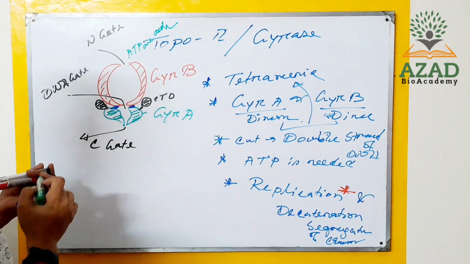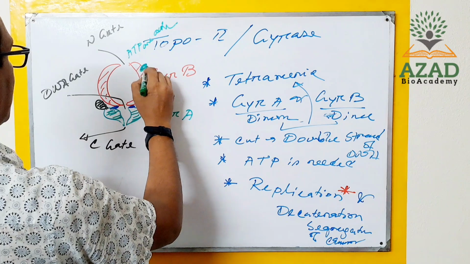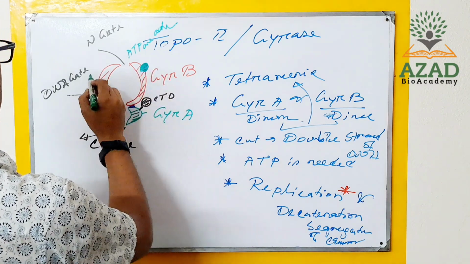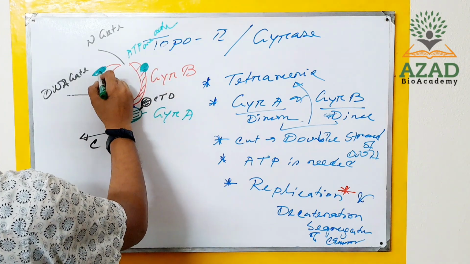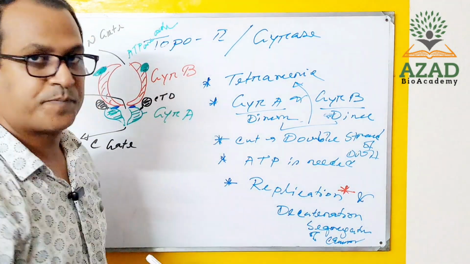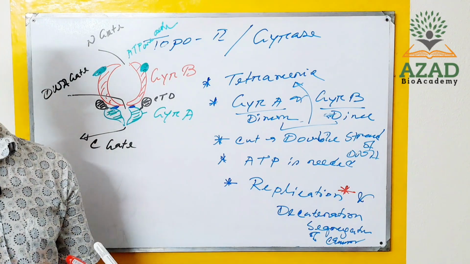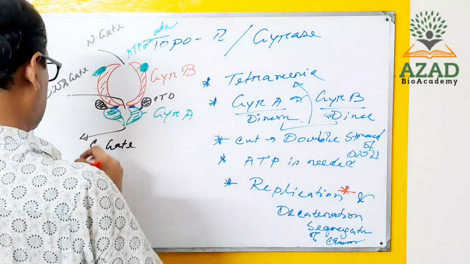That means ATP will bind to that arm and that arm. Two ATPs are bound with the two arms, and ATPase will work on it. That means it will hydrolyze the ATP.